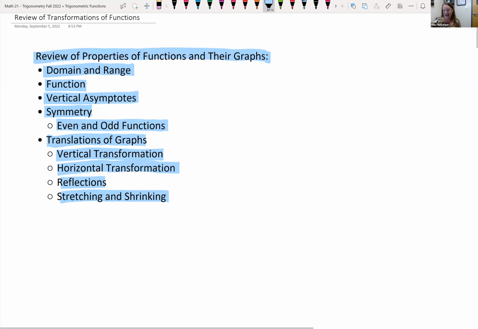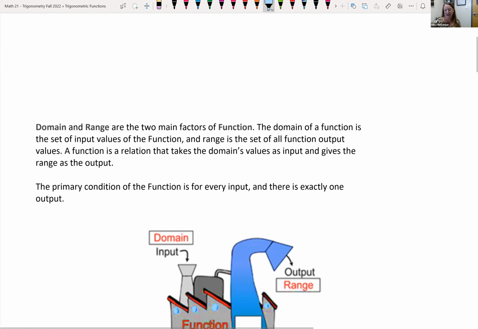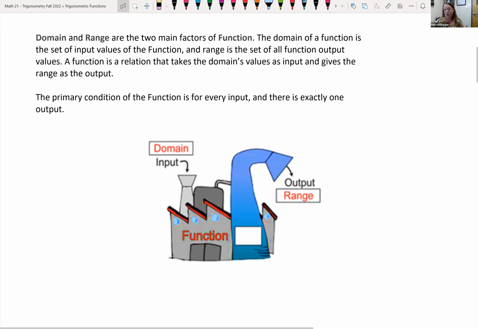So let's recall what the domain and the range are. When we have a function, our domain is all the values that we can plug into the function that would give us back a real number. The range is all those outputs that we get when we plug in a value that's in our domain.